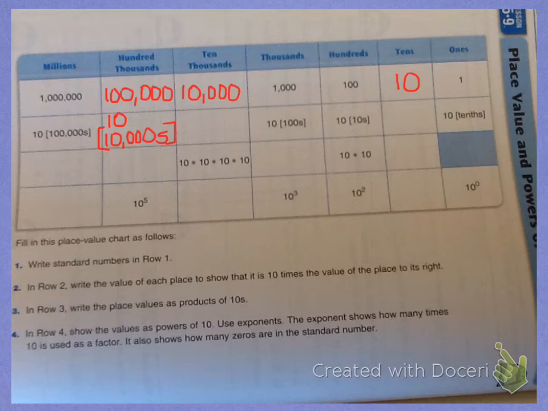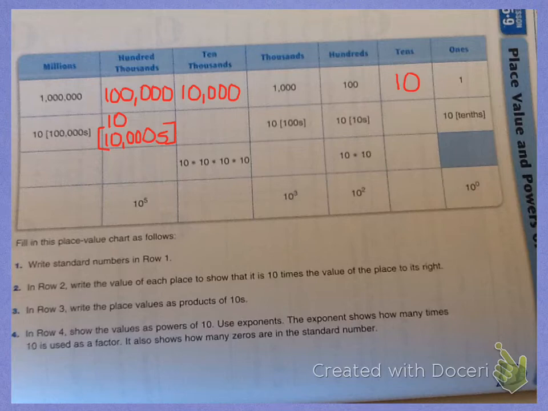That means what? 10 times 10,000? Does that give us 100,000? It does, because if we use our extended multiplication, we take our 1 times our 1, we get 1, of course, and then count how many zeros you have, and that is the number of zeros that we have in 100,000.